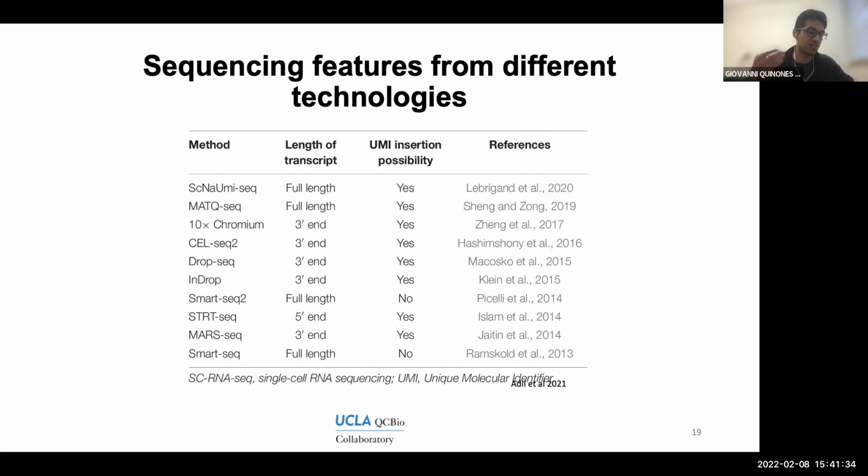And also because of the current limitations for Illumina sequencing, or for the sequencing given this type of library preparation, we're limited to 100. I think the maximum is close to 200 bases. That's why, even when you sequence the full transcript, you still need to break it down into smaller pieces.